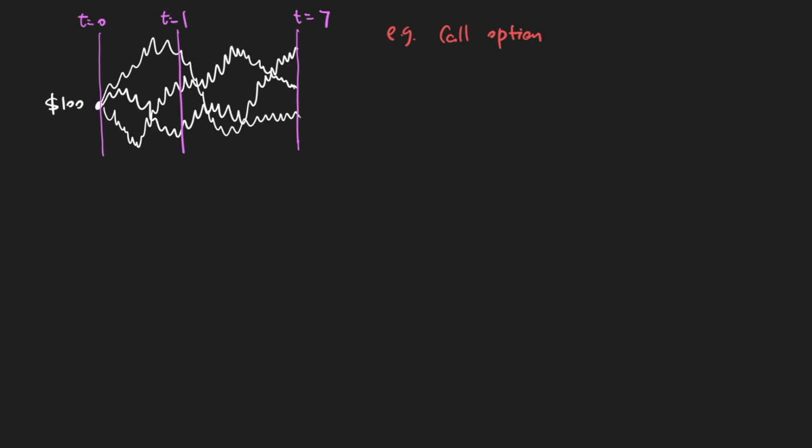The fair price of the option is the average payoff depending on the stock price after a week, which means that the option price today, and our starting point is $100, is the expectation of the option payoff at day 7.